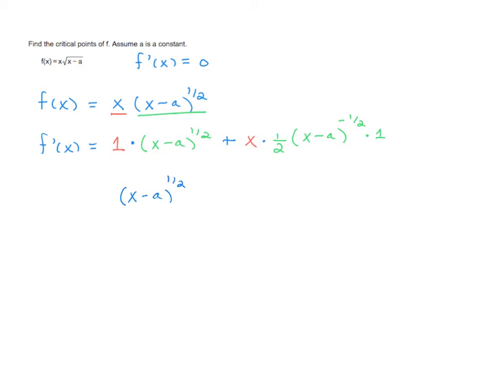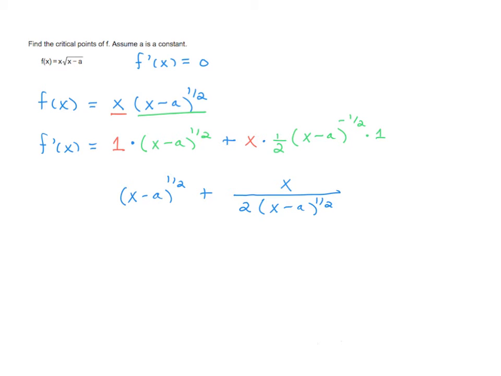And then we're going to add on, okay, a negative exponent to this entire part puts x minus a in the denominator with a positive 1/2 exponent. So we have a fraction in the denominator. Well, the 2 is already there from this 1/2, but I'll write x minus a to the positive 1/2 power in the denominator. And in the numerator, we have x, a 1, and a 1, so that's really just x.